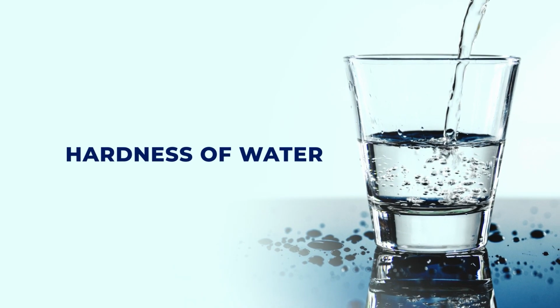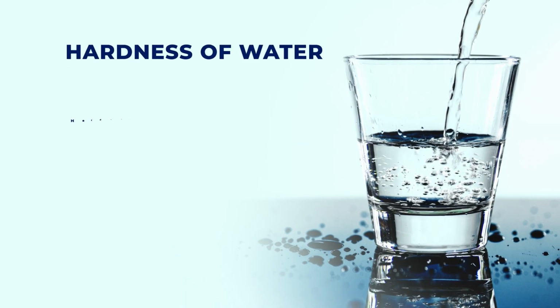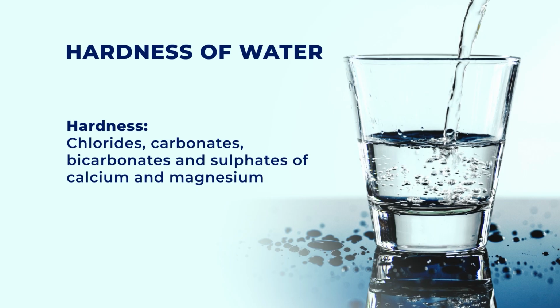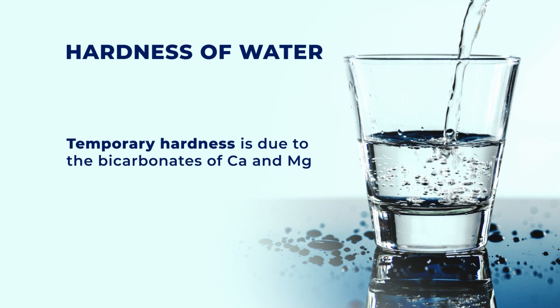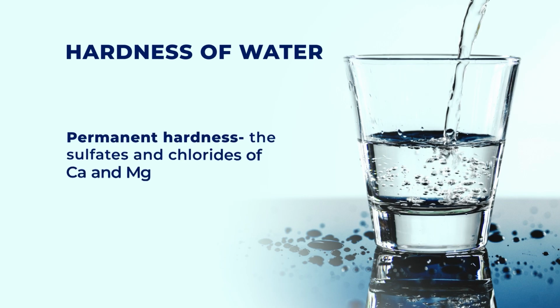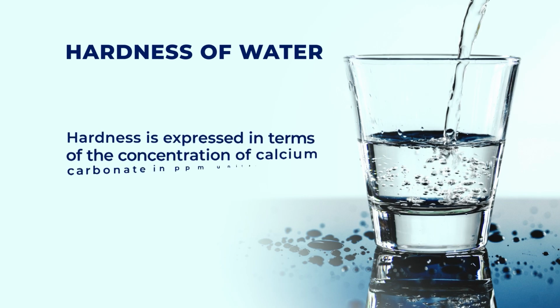Now the hardness of water is very important. As you know, it is because of the chlorides, carbonates and bicarbonates of calcium and magnesium. Temporary hardness is because of the bicarbonates of calcium and magnesium, and permanent hardness is from the sulfates and chlorides of calcium and magnesium. It is normally expressed as the concentration of calcium carbonate in ppm units.